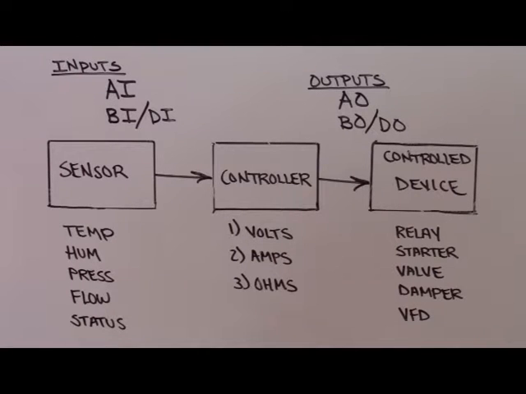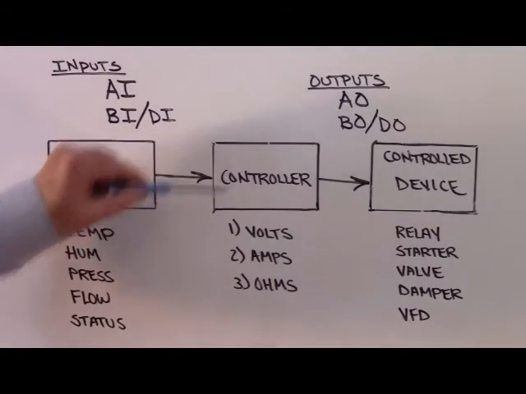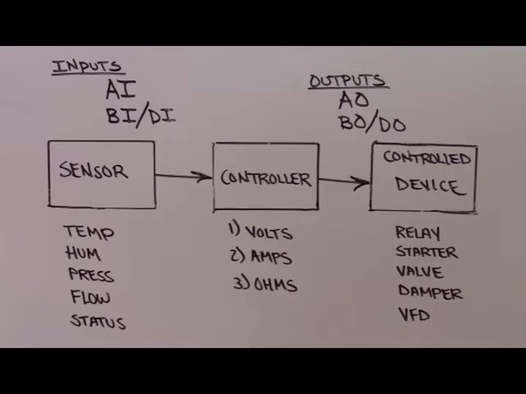The controller software will interpret a voltage to mean a particular humidity, for example. So we might measure humidity in 0 to 100%. Well, then we would change that 0 to 100% into possibly a 0 to 10 volt signal. So 0 volts coming into a controller would tell the controller software we have 0% relative humidity. 5 volts coming in from a humidity sensor would tell the controller we have 50% relative humidity, and so on and so forth.